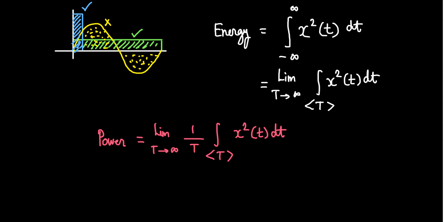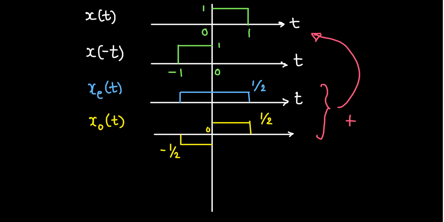Now we can classify the signals based on what is called an energy signal or a power signal. Let's take some examples. Let us take the simplest example, the signal shown on the screen.